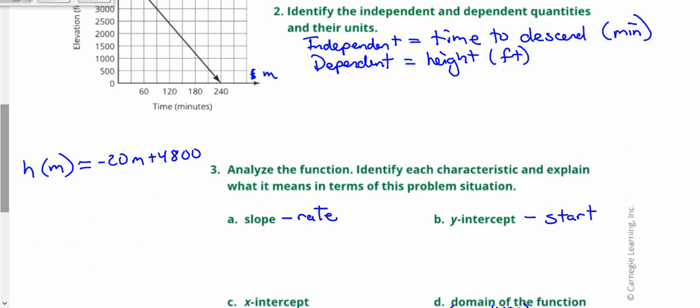All right, so our slope, again, is our rate. So our slope is negative 20. It means the rate of descent, and it's in feet per minute. Our y-intercept is where we're starting. That's where it crosses the y-axis. That's at 4,800 feet.